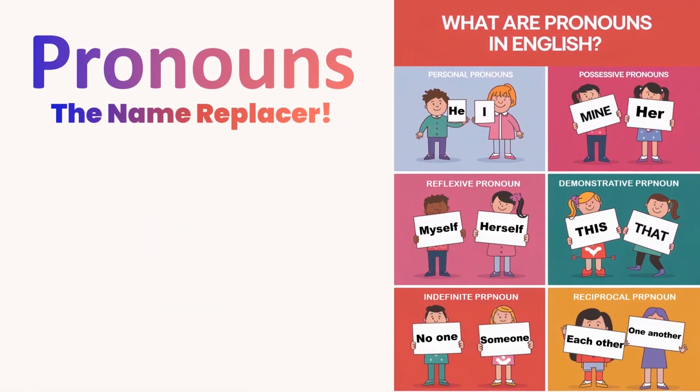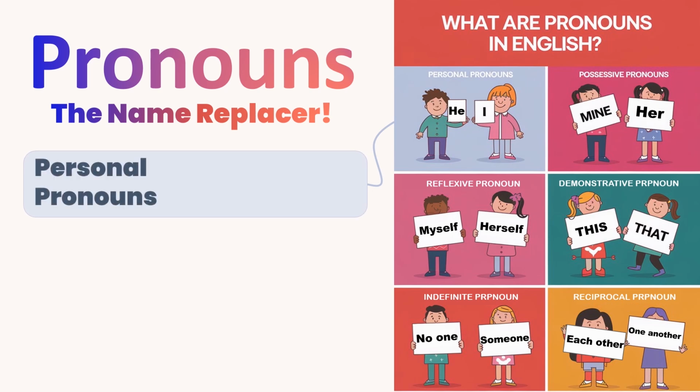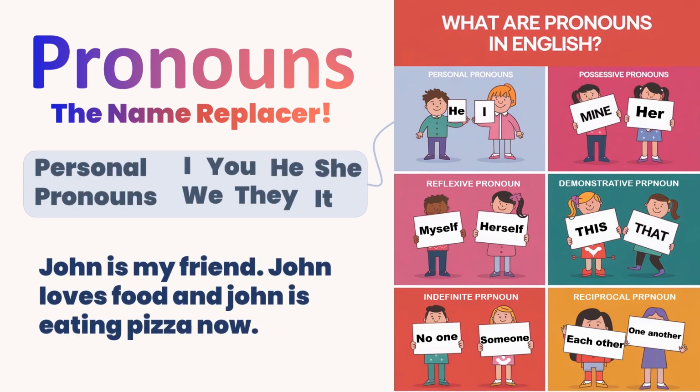Okay, let's get to the next one. Pronouns, the name replacers. Pronouns are like nouns' best friends. They step in when saying someone's name over and over gets annoying. Among pronouns in English, personal pronouns are some of the most important. There are 7 personal pronouns in English: I, you, he, she, we, they, and it.